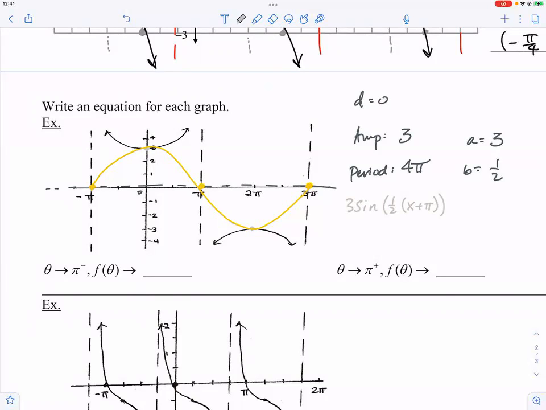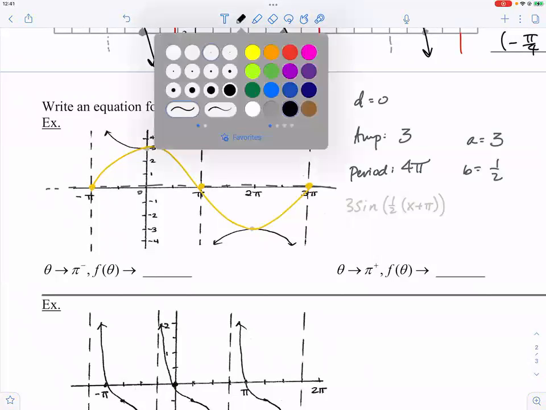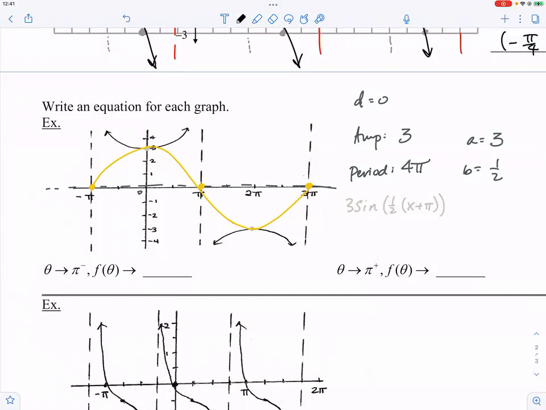If you use a sine graph, then your official function will be y equals 3 cosecant of 1/2 x plus pi. That's your official one.